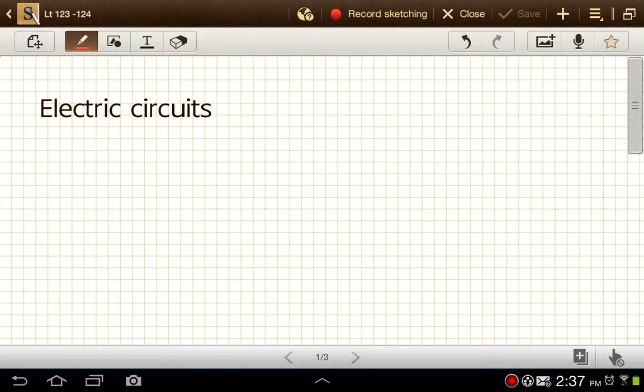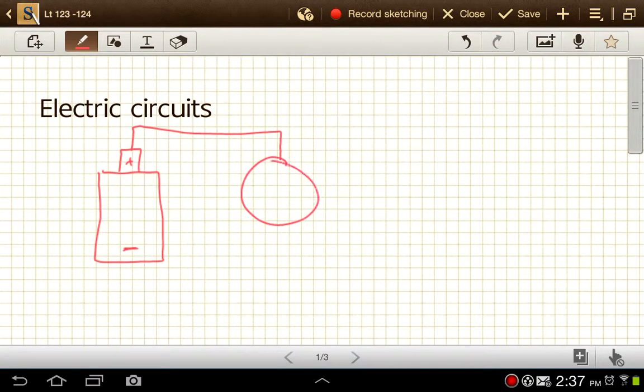So if I were to draw a really simple electric circuit, the simplest one that I could think of here would be a battery with a plus side and a minus side here. And we're going to connect that battery to something, some electronic component. And then our wire, so these lines here represent the wire.